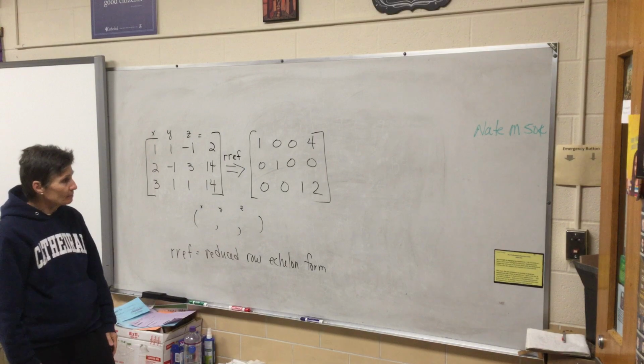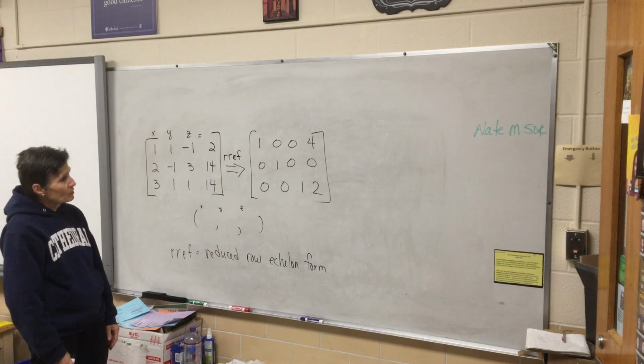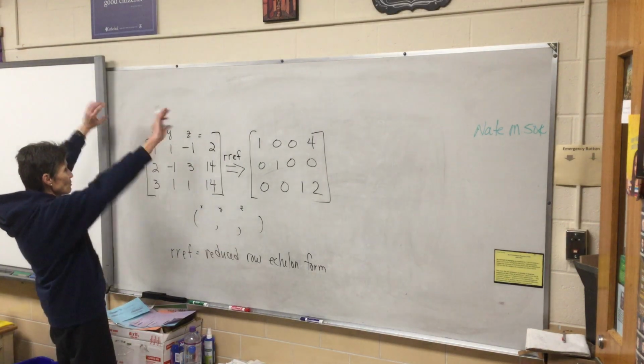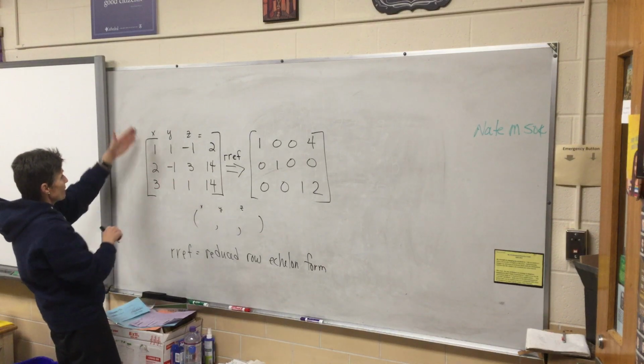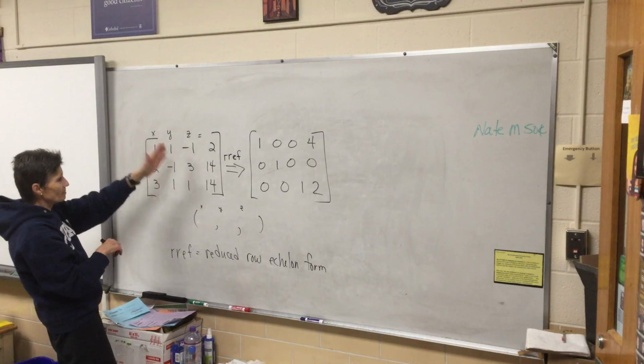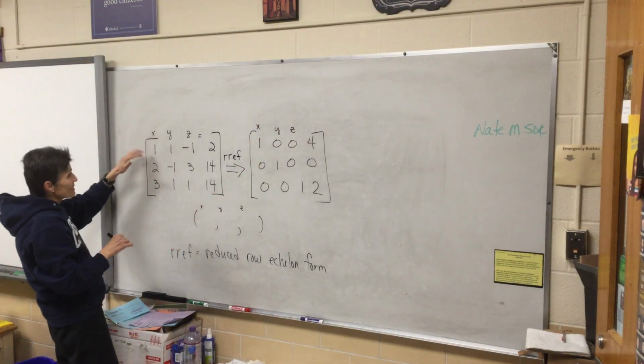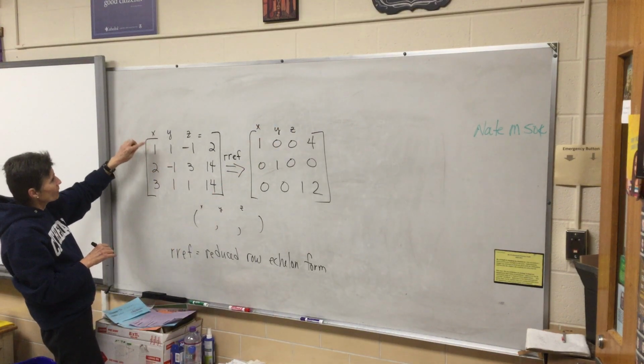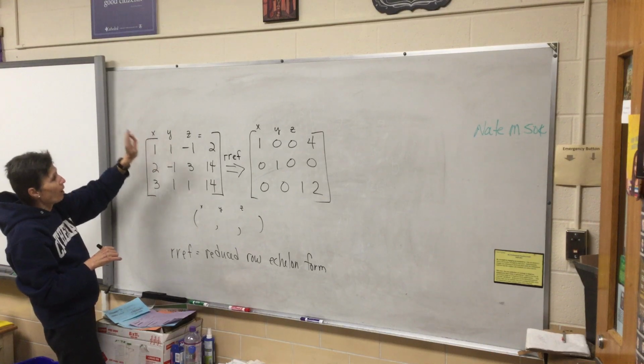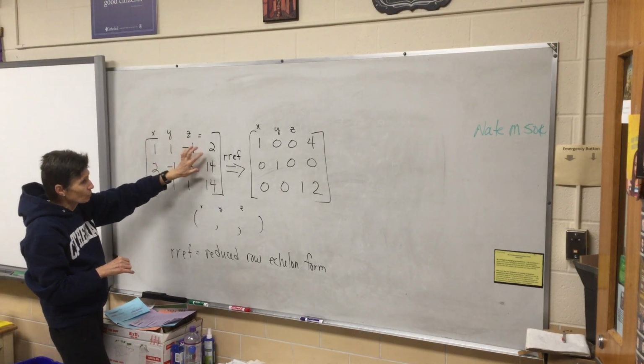It won't hurt anything. Now, I want you to notice something. The matrix that you put in, kids, this was the X column, the Y column, the Z column. That hasn't changed. And these represented equations. So it was 1X, 1Y, minus Z equals 2.